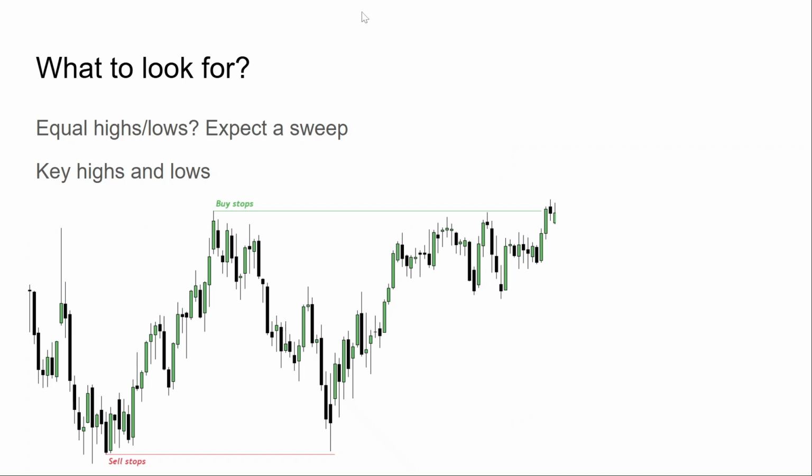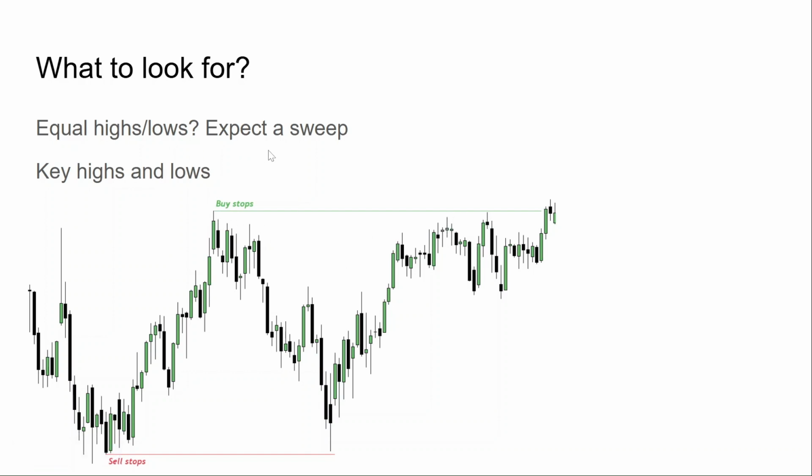What to look for: equal highs or lows, expect a sweep. If you see equal highs and lows somewhere, you can 100% expect price to sweep that. As you can see here, we have some equal highs, or relative equal highs.